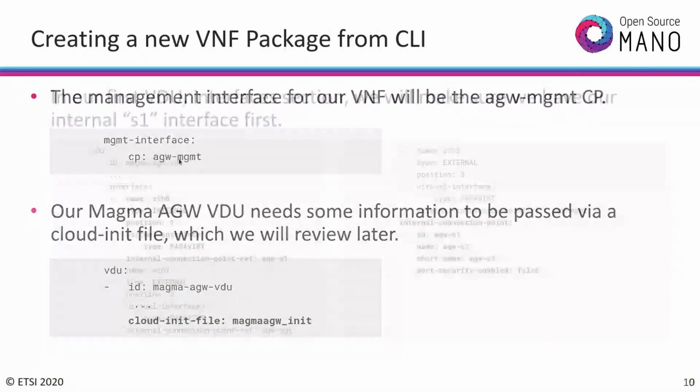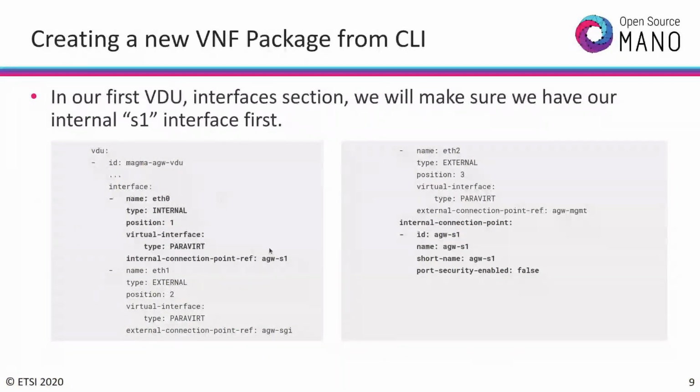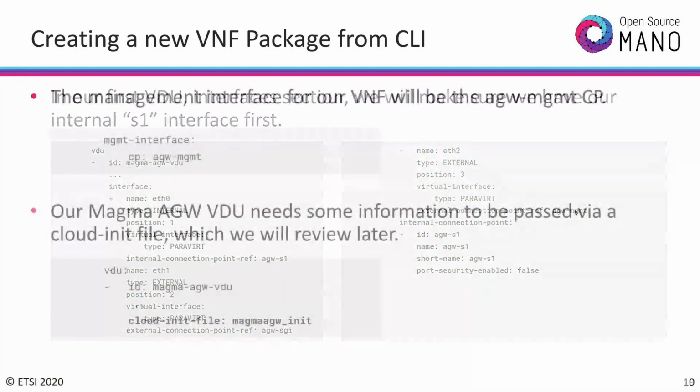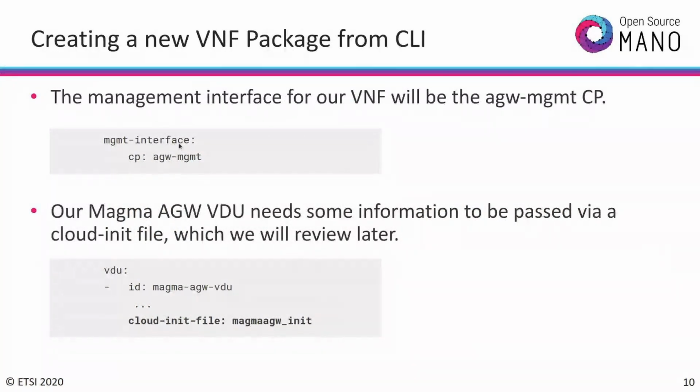If you see here, we have internal connection point name access gateway S1, external connection point name access gateway SGI, and another one named access gateway management, which is the last one. This one here will be the management interface of the whole VNF. So let's make sure that at the management interface attribute here in the model, we refer to that connection point.